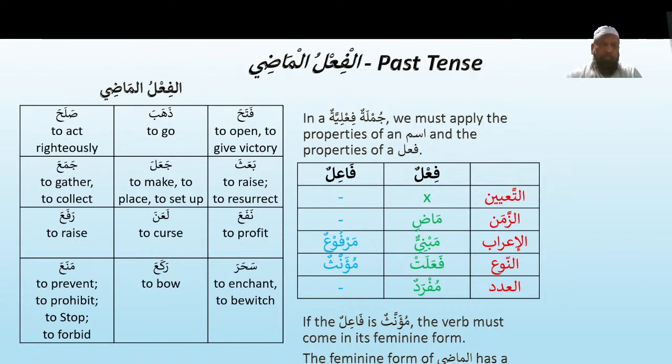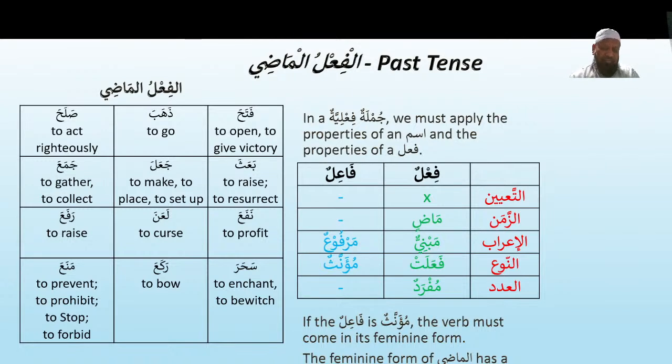On the left hand side, again, we have new verbs. الفعل الماضي: فتح, to open or to give victory. ذهب, to go. صلح, to act righteously. بعث, to rise or to resurrect. جعل, to make, to place, to set up.